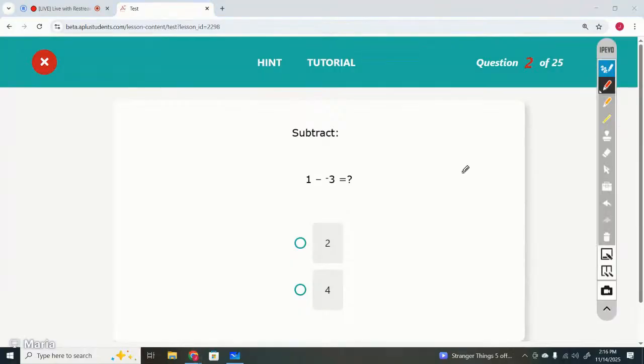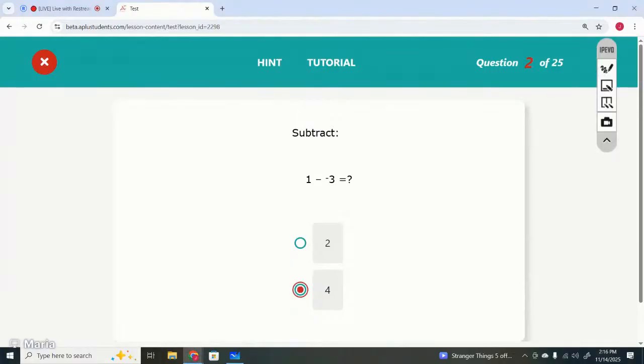1 minus -3 is same as adding. 1 plus 3 equals 4. Option number 2 is the correct option.